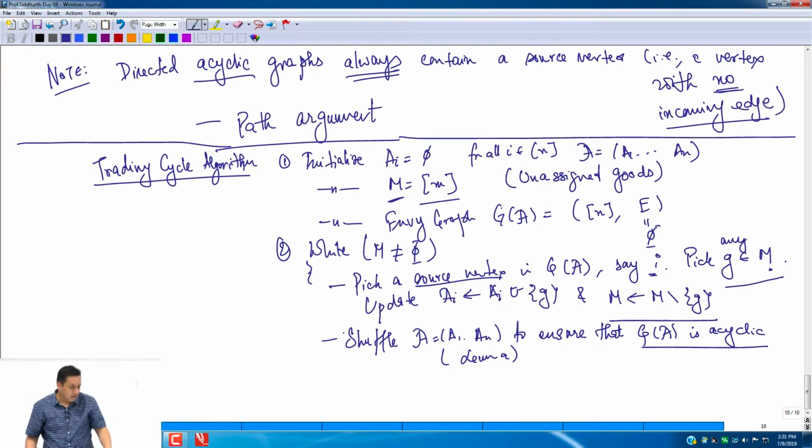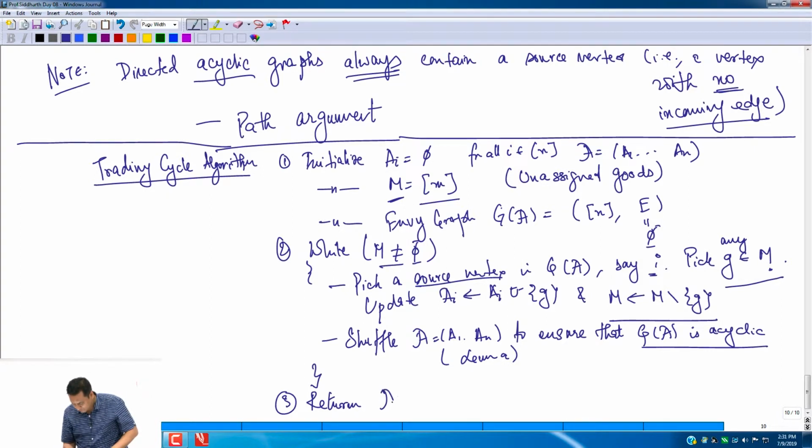An acyclic graph will necessarily have a source vertex, so the algorithm will march on, and finally, when this set becomes empty, I've assigned all the goods. I in fact have a full allocation, not a partial allocation. Just return it. Super elegant. A piece of art here.